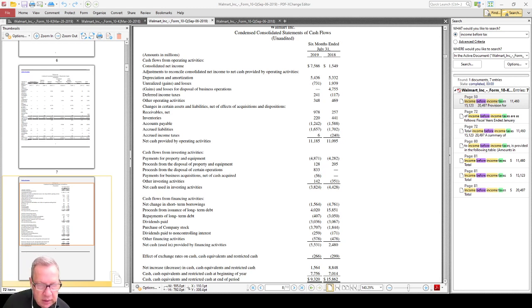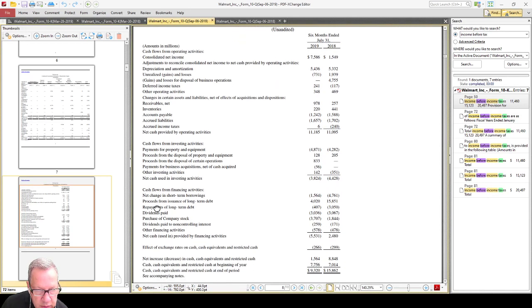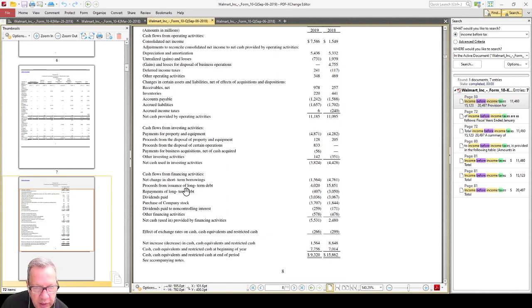And you'll notice that in here, somewhere, there we go: payment for property and equipment. And you're going to have proceeds from disposing, and any acquisitions that have been done. That amount there is known as your capex. That's what you've had to spend money on this year.